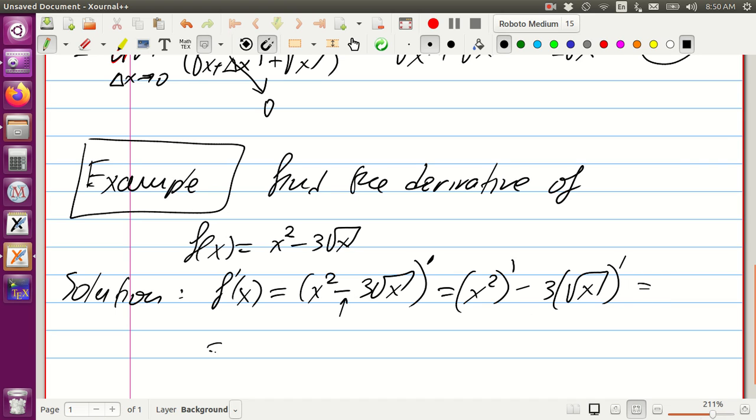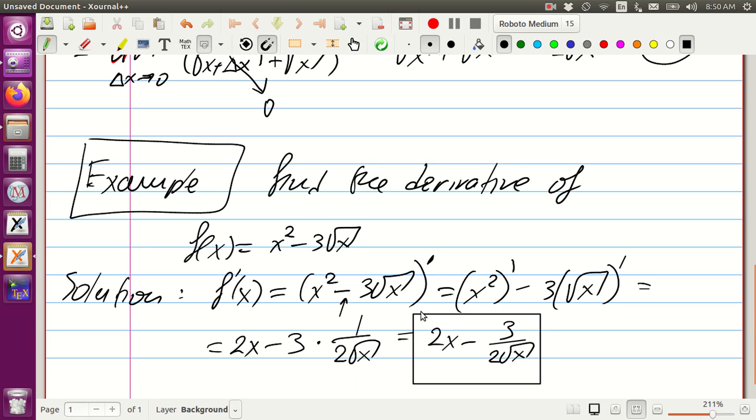So now I evaluate my derivatives. I get 2x minus 3 times 1 over 2 square root of x. Maybe it would be nicer to write it like this. So this would be our answer for this problem. Any questions about this one? I think we're pretty good. So we can take this rule and add it to the library of the rules that we already had.